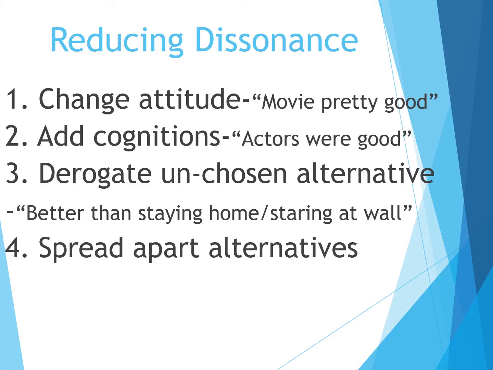Another option is you can spread apart the alternatives. And so let's say, for example, before you actually went to the film, you were feeling the same amount of emotion or the same type of attitude towards the idea of going to the film and the idea of staying home by yourself, right?